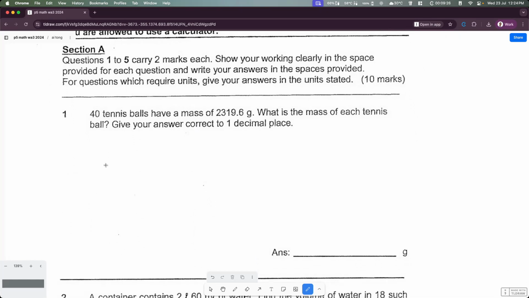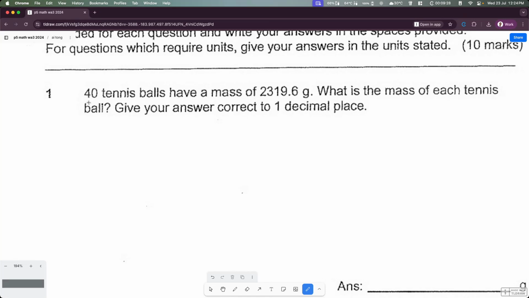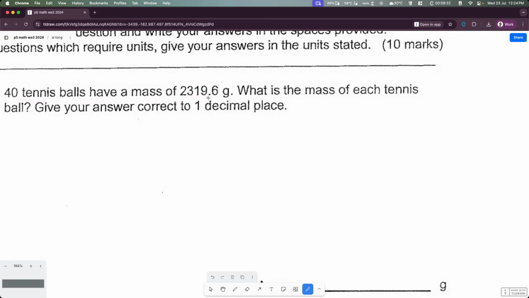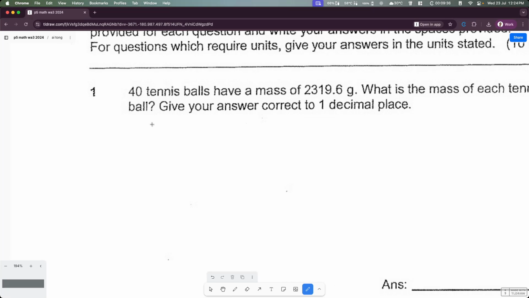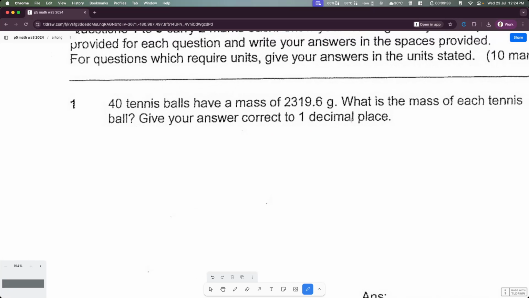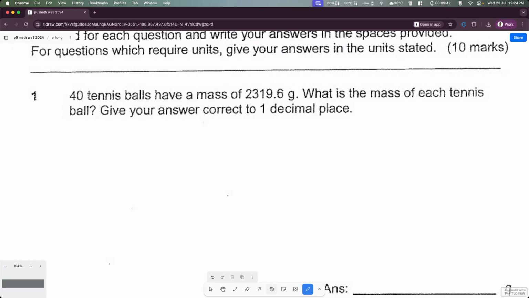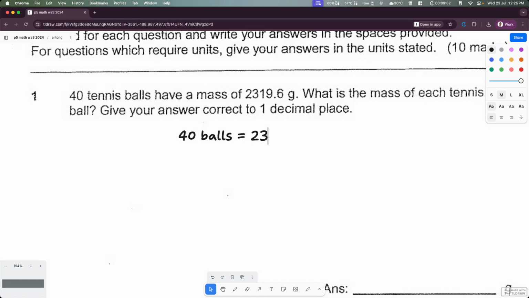Okay, question 1. 40 tennis balls have a mass of 2,319.6 grams. What's the mass of each tennis ball? Give your answer correct to one decimal place. So essentially, 40 balls is equal to 2,319.6 grams.